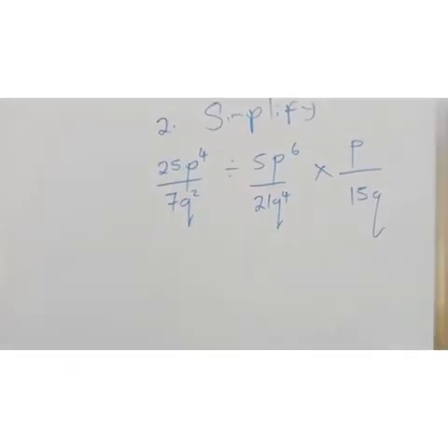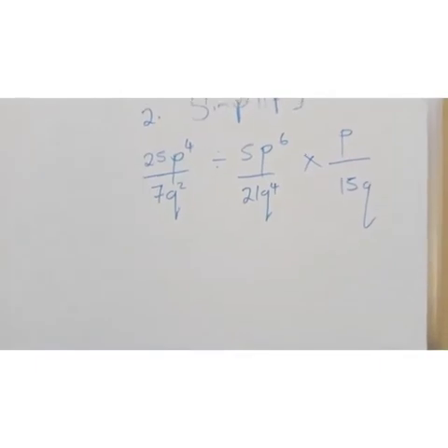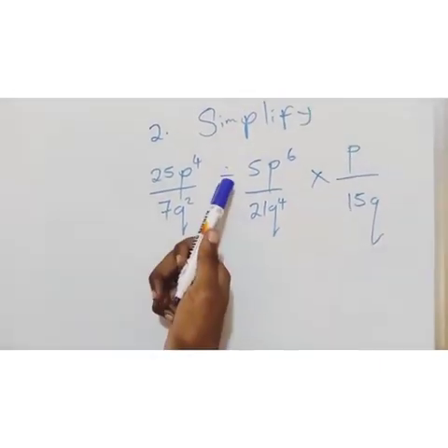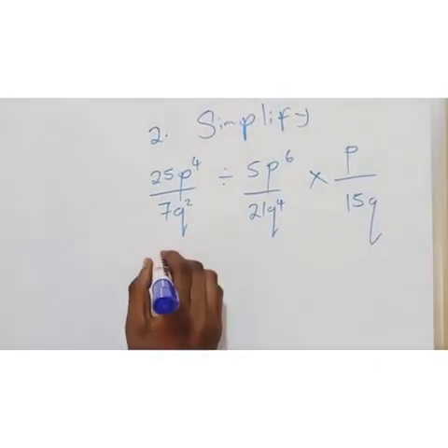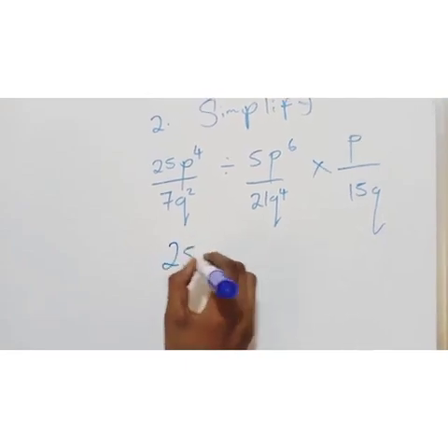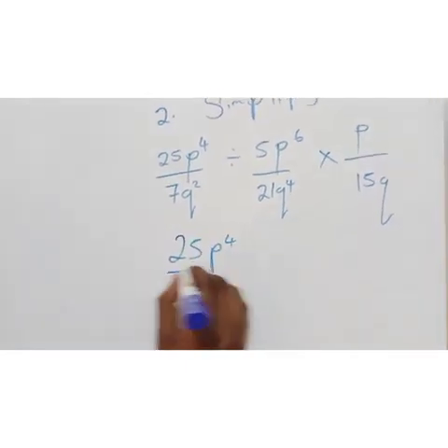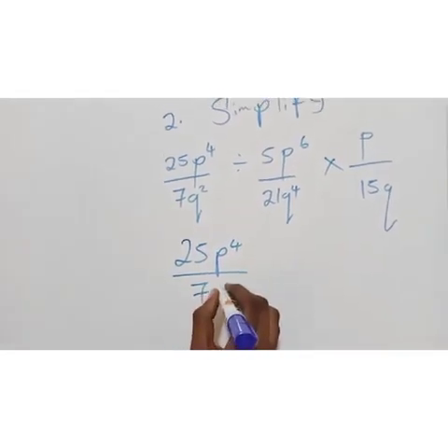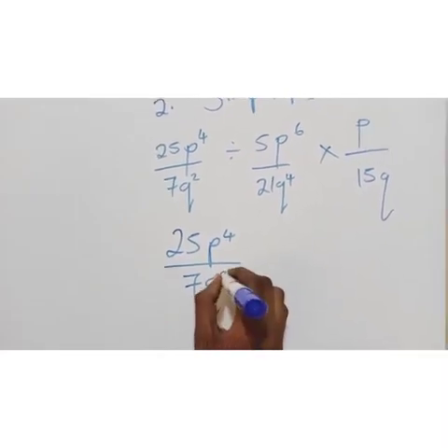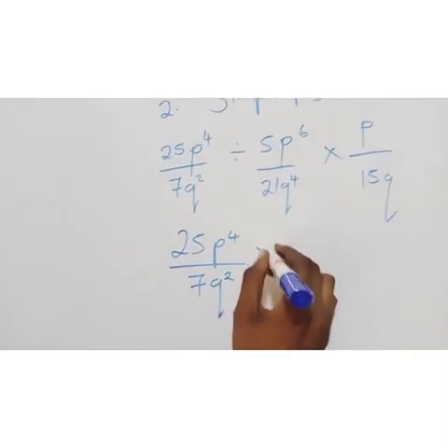Simplify this, you see how big this is. The key here is division. So what I'll do firstly is write 25p to the power 4 over 7q squared. Then I'll change the division to multiplication.